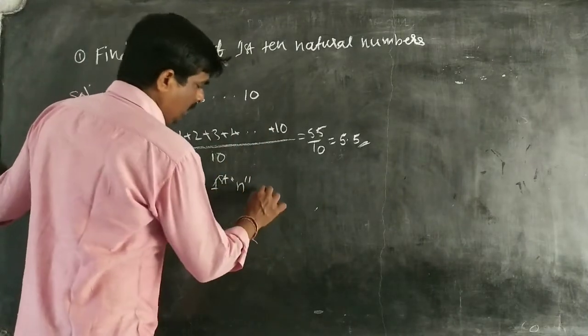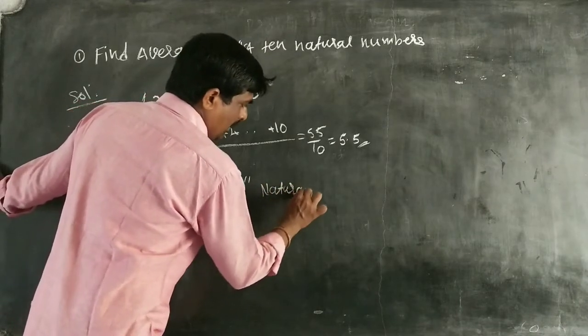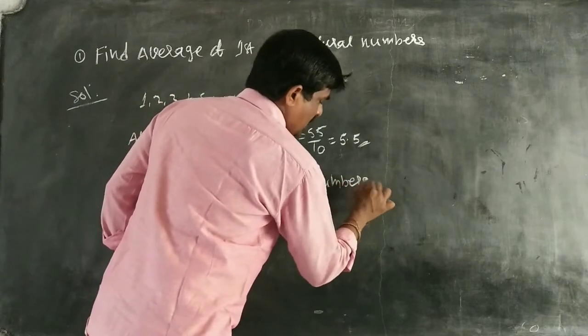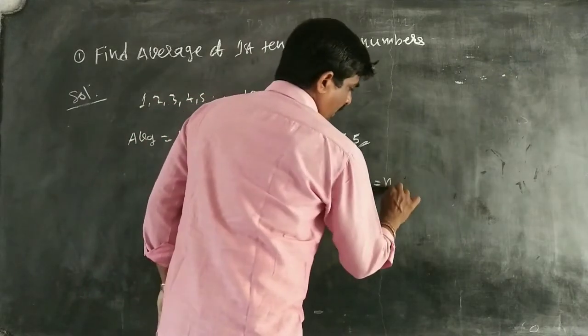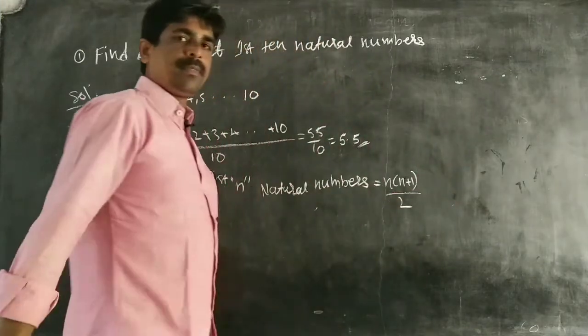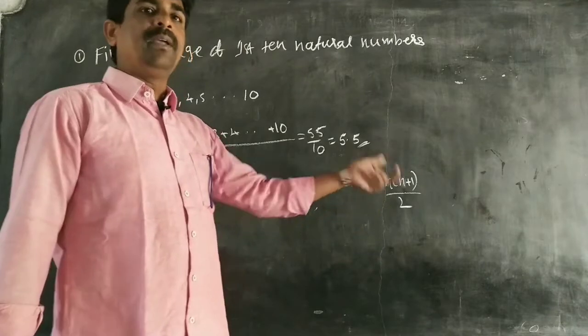The sum of the first n natural numbers is equal to n into n plus 1 by 2.